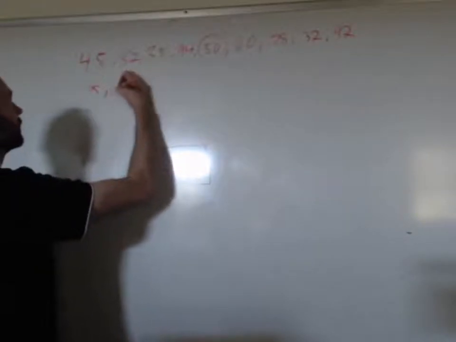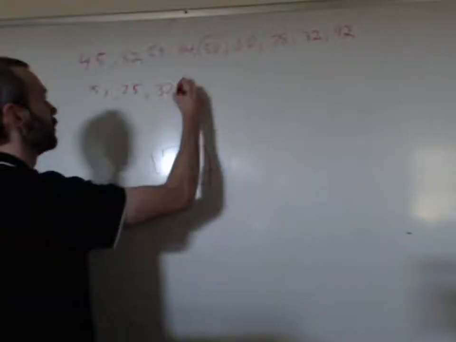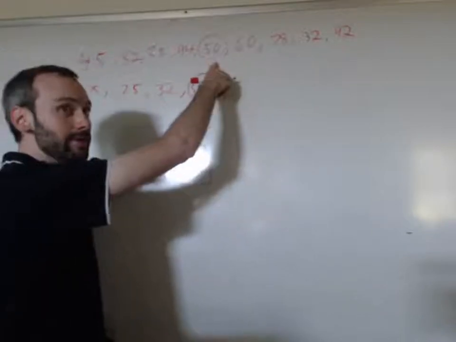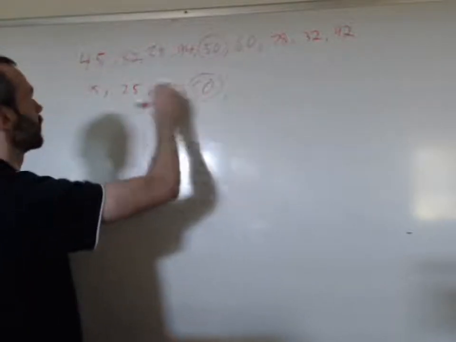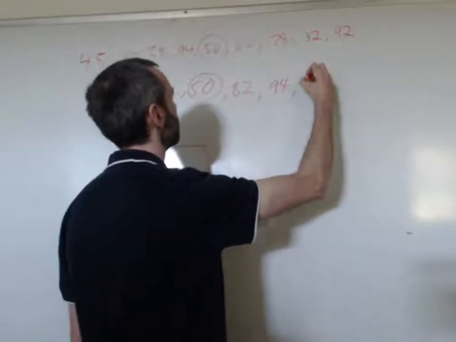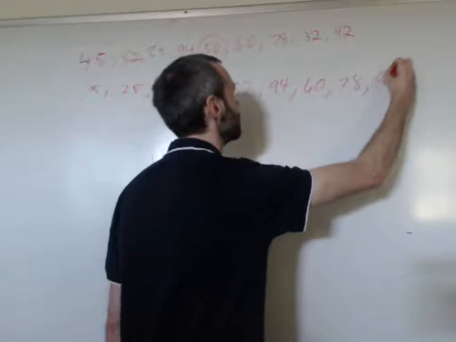So we got 45, 25, 32. Is that it? All right. Then we'll put the 50. Circle your pivot. Then you want to write all the numbers that are greater. So 82, 94, 60, 78, 92.